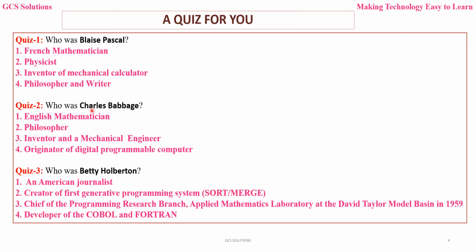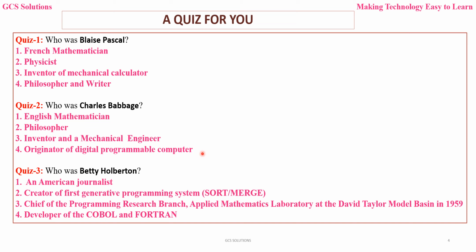Quiz question number 2. Who was Charles Babbage? English mathematician, philosopher, inventor and a mechanical engineer, originator of digital programmable computer. Many of you may give the 4th option as the correct one. But I again pause a while and let you think. What do you think?